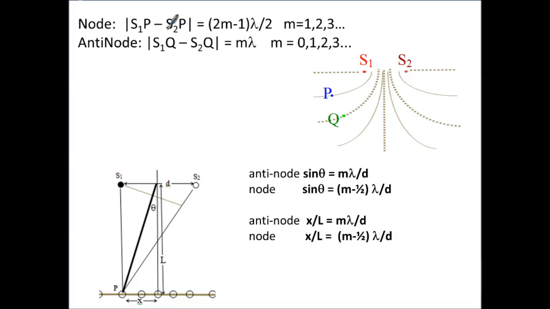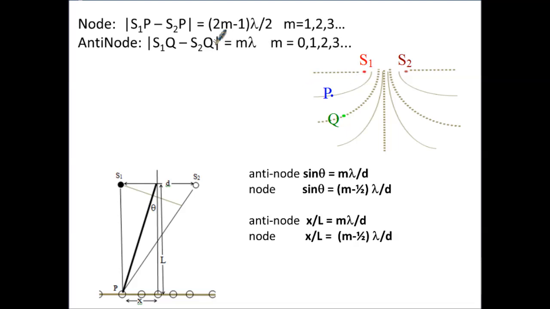There's the path difference, and if it is an odd number of half wavelengths, then P is a node. And if M was equal to 1, it would be a node on the first nodal line. And if M was equal to 2, it would be on the second. And if M was equal to 3, you'd be talking about a point on the third nodal line.